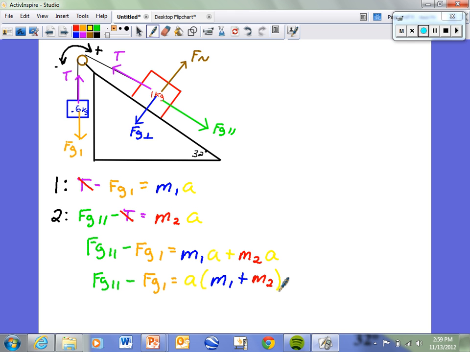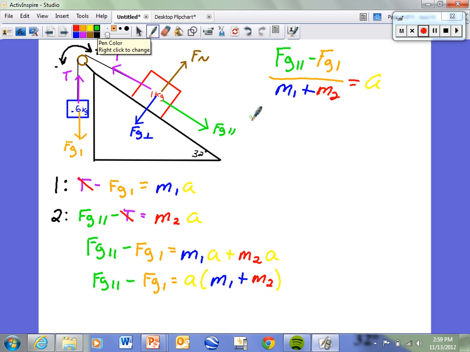Finally, I divide by my masses. Do that up here. Top right, force of gravity parallel minus force of gravity 1, and that's going to be divided by m1 plus m2 equals a.